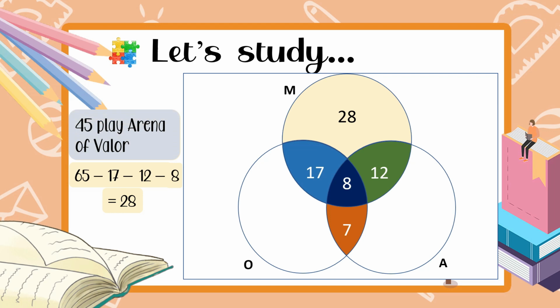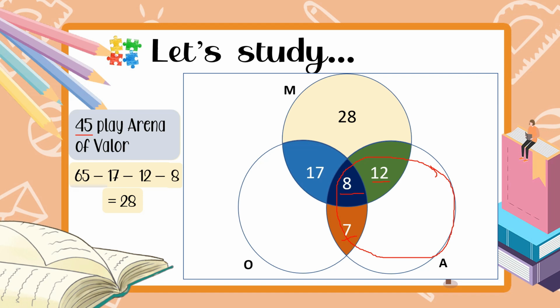Okay, next, we have 45 who play Arena of Valor. And this circle is the set of youngsters who play Arena of Valor. Meron na tayong 12, meron na tayong 8, and meron na rin tayong 7. So what we're going to do, parang sa ginawa natin kanina, we have to subtract it from 45.